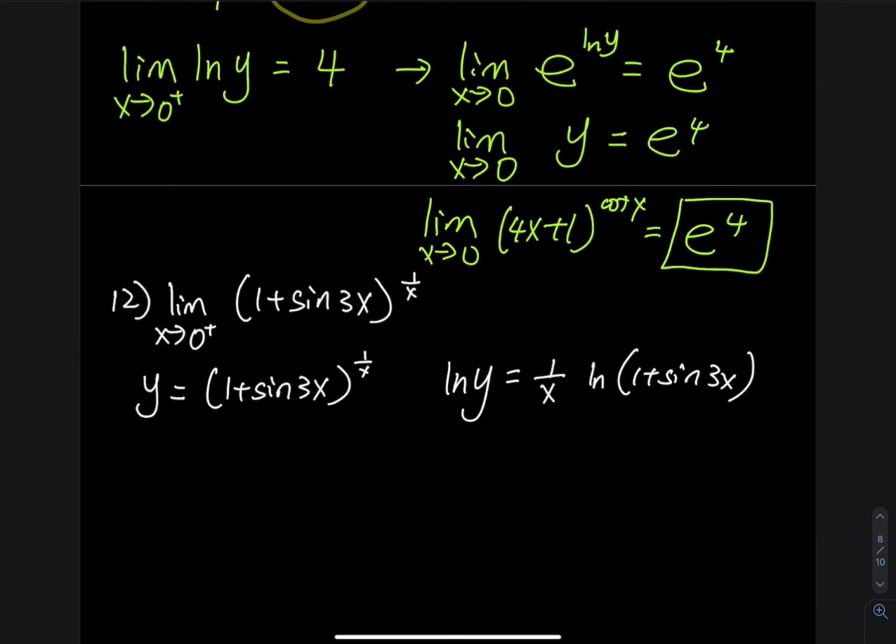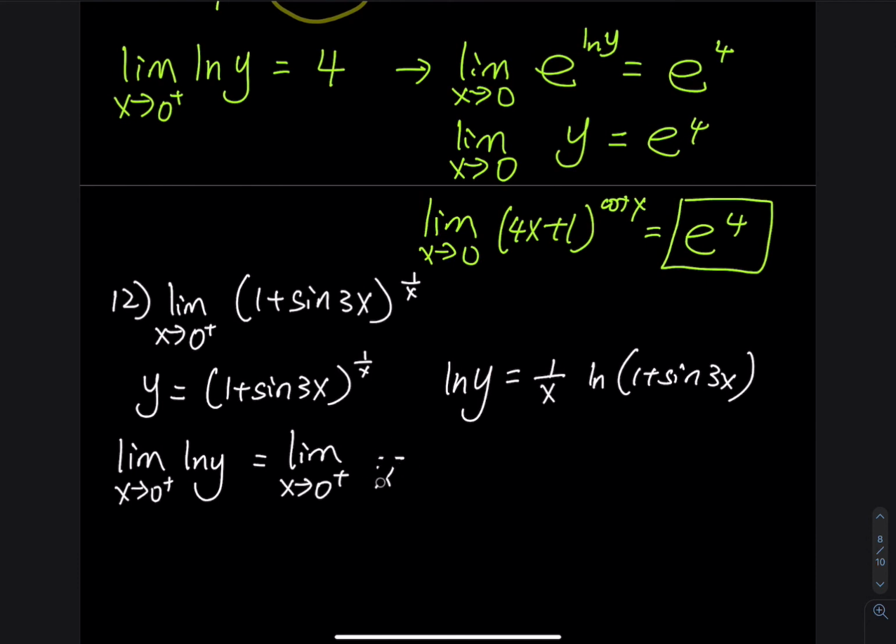All right, and then now we do the limit. So limit on both sides. This is ln y equals the limit as x approaches 0 from the right. The other side we have 1 divided by x times ln. Oh, actually I can put this as one fraction, right?